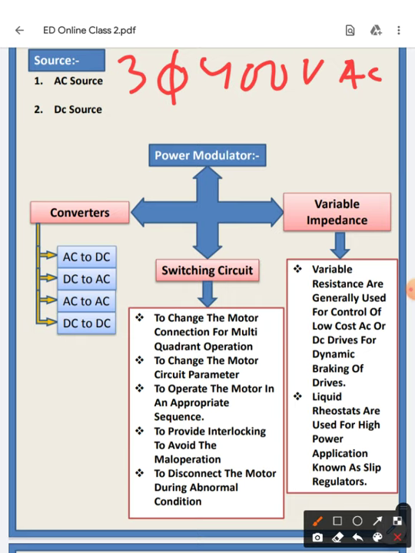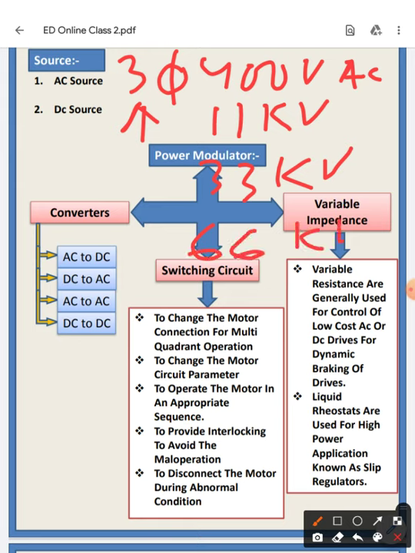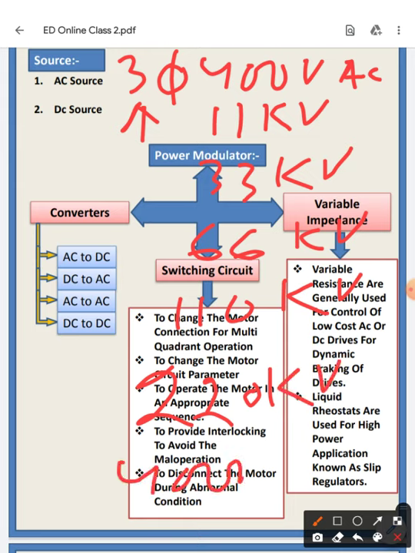You can also find step-up voltages such as 11 kV, 33 kV, 66 kV, 110 kV, 220 kV, and 400 kV is also available in Orissa.